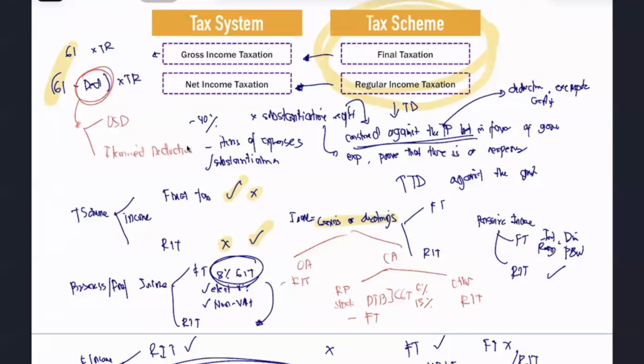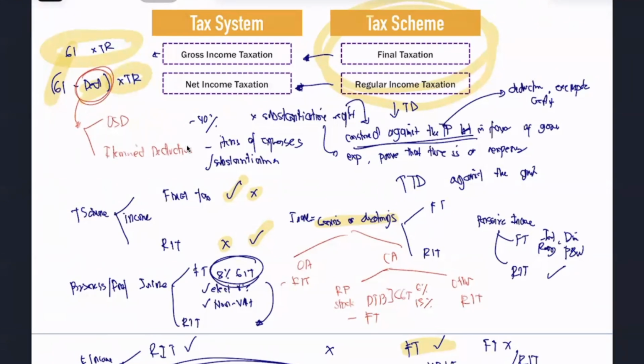So, therefore, it is always important for you to determine what taxes are subject to final tax before you go to RIT. Kasi yung final tax, ang dali lang. Gross income times tax rate. Ang dali. Pero yung net income taxation, medyo papahirapan ka pa kasi mag-claim ka pa ng deductions and maglalagay ka pa ng tax rate.